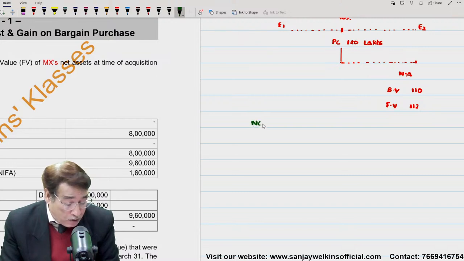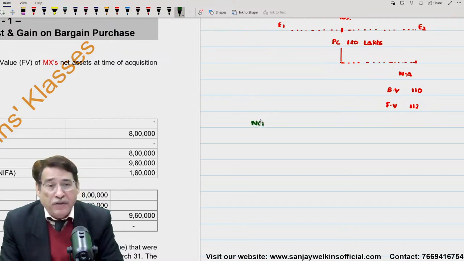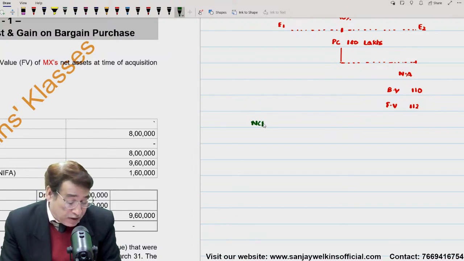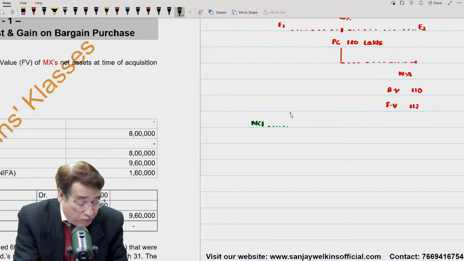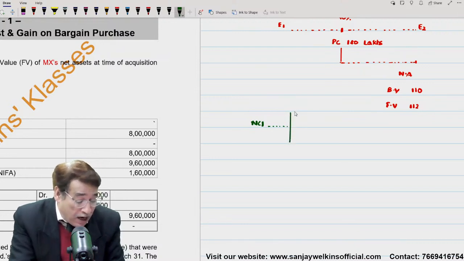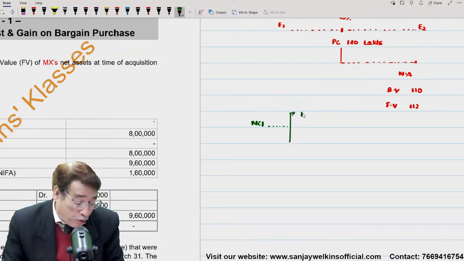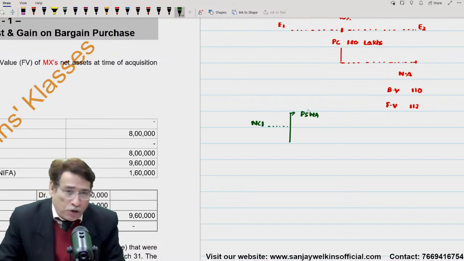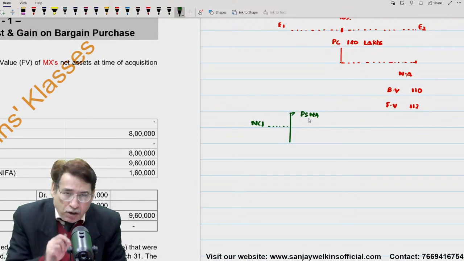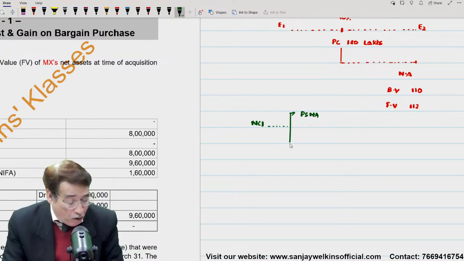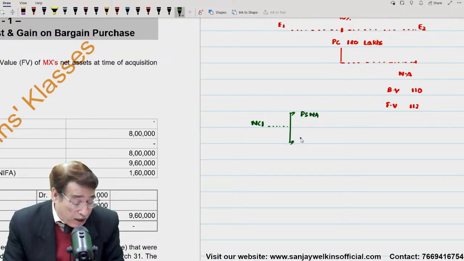non-controlling interest. We will see, the standard says that non-controlling interest can be measured either at proportionate share of net assets basis, in short form I have written PSNA, or you can value NCI at fair value.